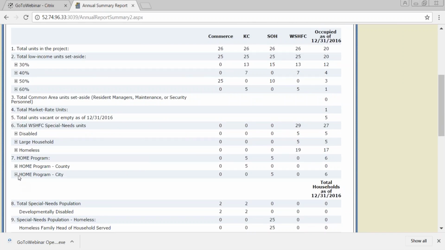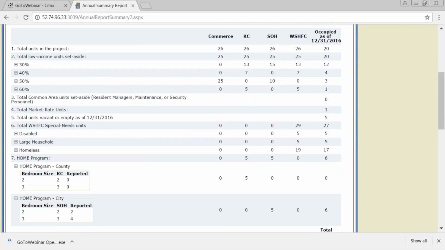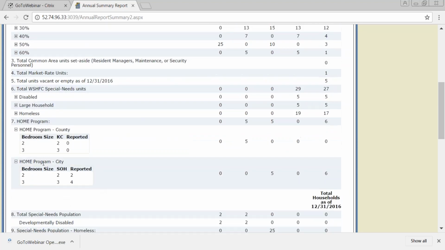And you'll see here that you have HOME program county, and they're requiring 2 2-bedroom units and 3 3-bedroom units, but none were reported. So keep this in mind for later. This is a problem. For HOME program city, 2 2-bedroom units are required and 3 3-bedroom units are required. And you can see in this case they reported 1 extra for the city.